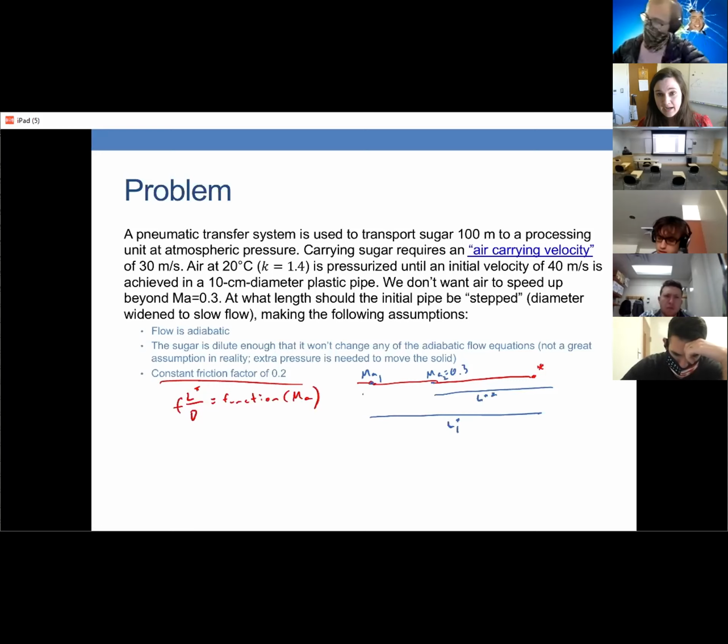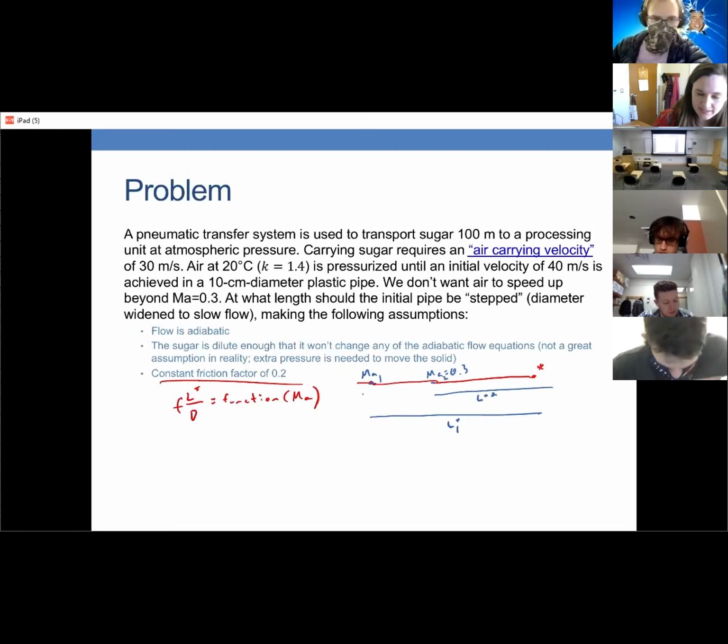So from that, what would the distance between the two of these be? That would be the distance before we have to change the diameter. Yes, exactly. And that's what we're trying to find, the distance before we change the diameter, because we don't want it to get any faster than Mach 0.3. As I said, this is L star 1, the length it would have to go from point 1 to be choked.